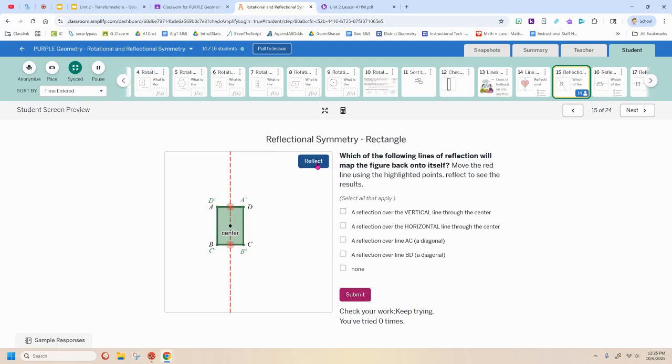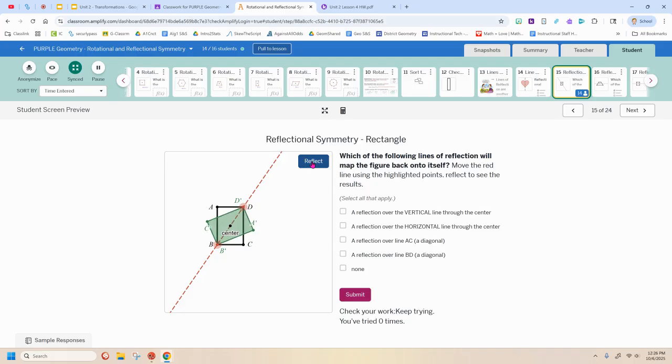Does anybody need assistance? Does it make sense what to do, Brandon? Yeah. And if it's too hard to manipulate, you can always ask me to demonstrate. What do you guys think about these diagonals?